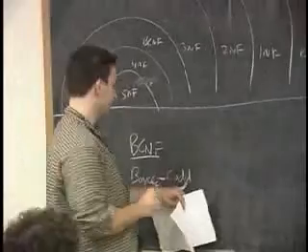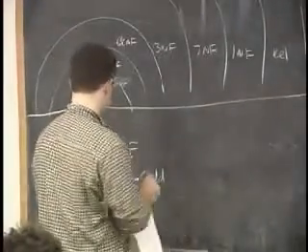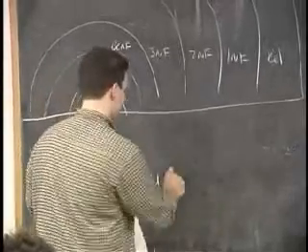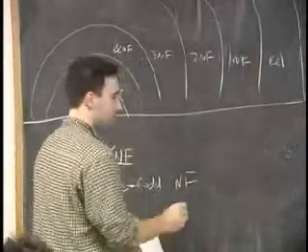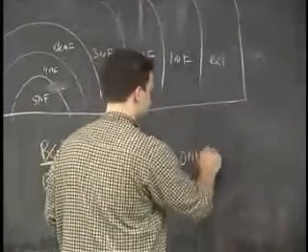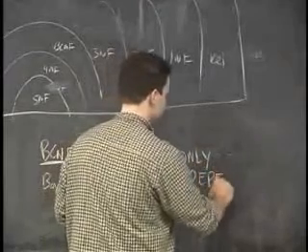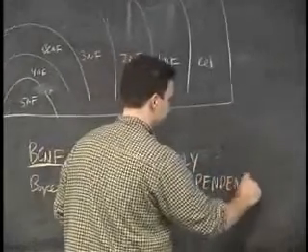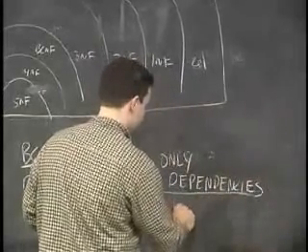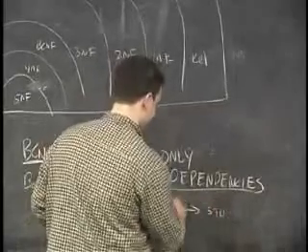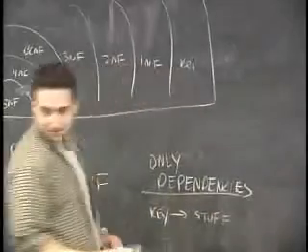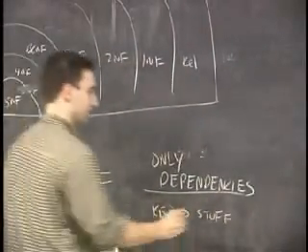Basically, Boyce-Codd normal form says the only dependencies are of the form key to stuff within the table.